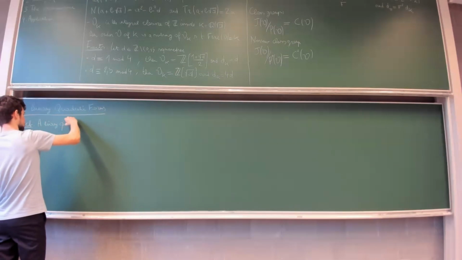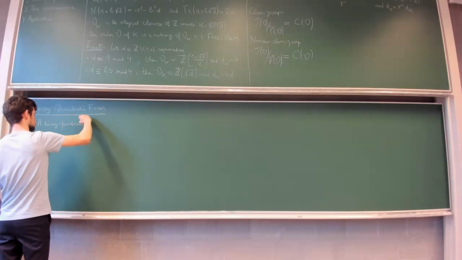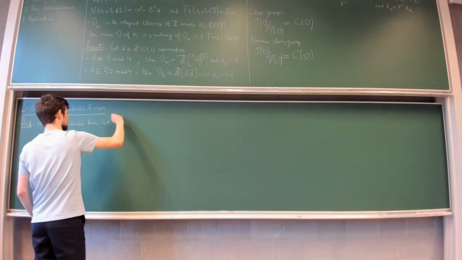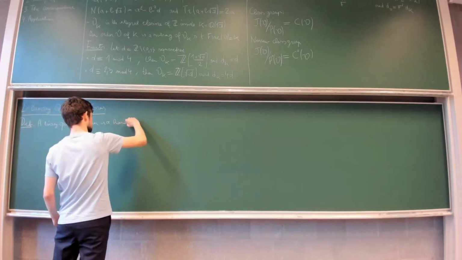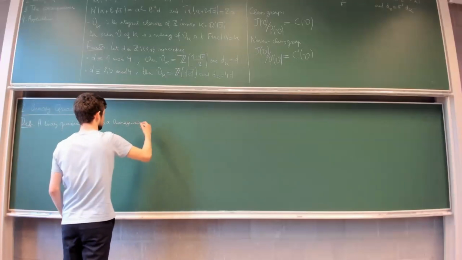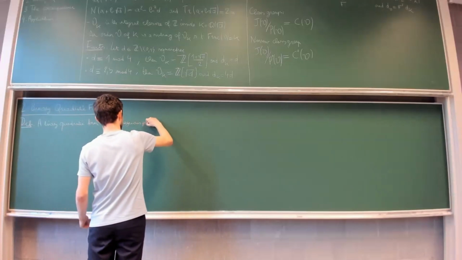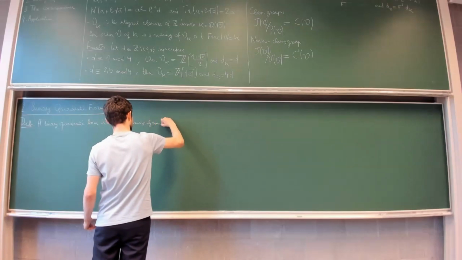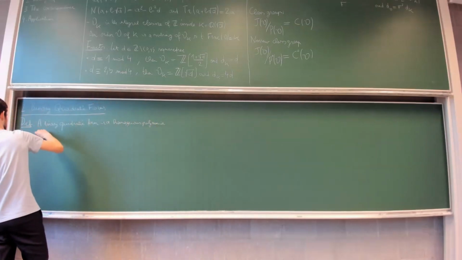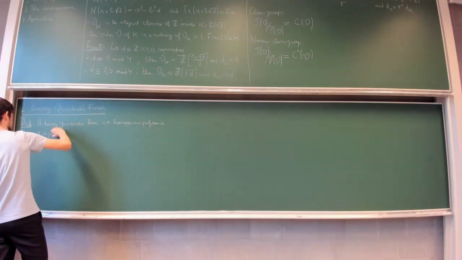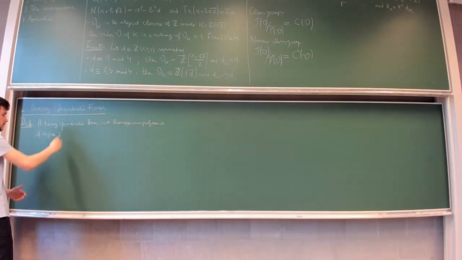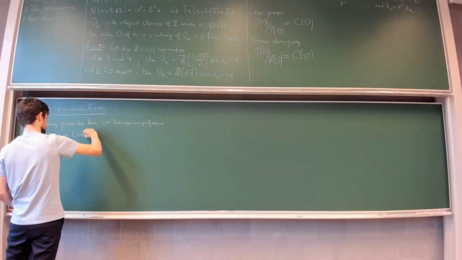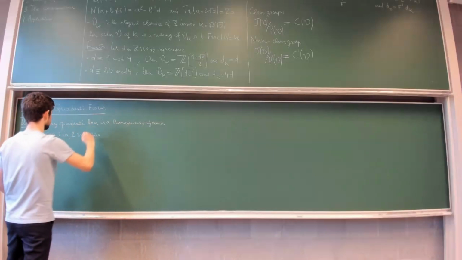A binary quadratic form is a homogeneous polynomial of degree 2 in 2 variables, which is what the binary part refers to.